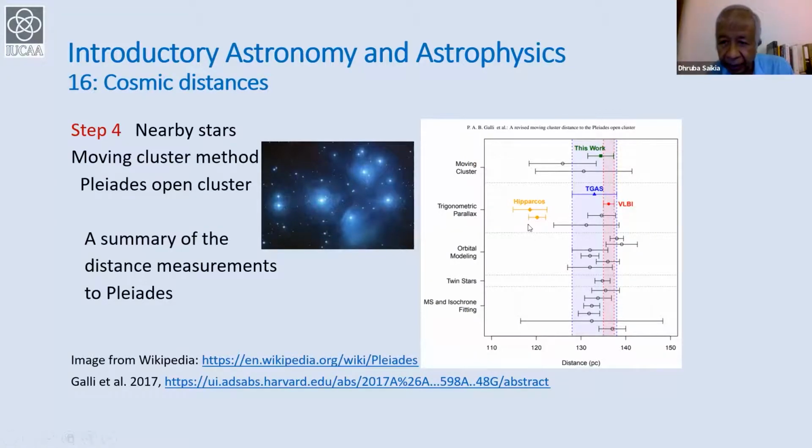You can see that a lot of it actually is in the ballpark of about 130 to 140 parsecs. But for some reason, Hipparcos gives you a slightly lower value. These are aspects which one tries to understand to get a more complete picture, to make sure that our distance scales are as robust as they can be.